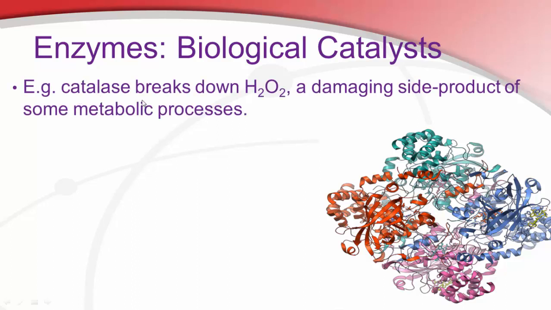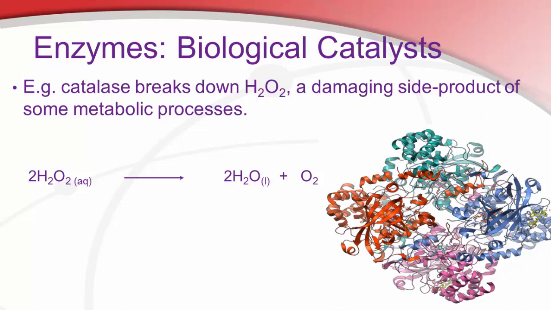For example, catalase breaks down hydrogen peroxide, which is produced as a result of some metabolic processes. Now, peroxide is a pretty damaging compound, causing cancer and all kinds of other aging processes and other things. So it's important for our bodies to get rid of hydrogen peroxide as quickly as possible.